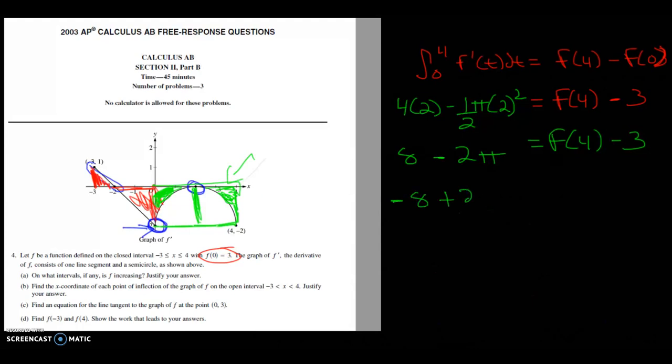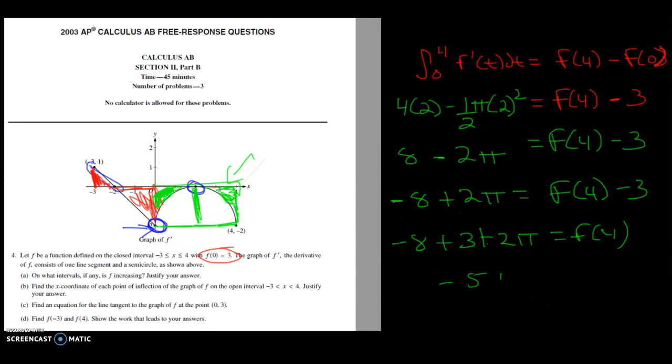Negative 8 plus 2 pi equals f of 4 minus 3. So negative 8 plus 3 plus 2 pi equals f of 4. So now you're going to get negative 5 plus 2 pi equals f of 4. Okay, I hope this video helped.